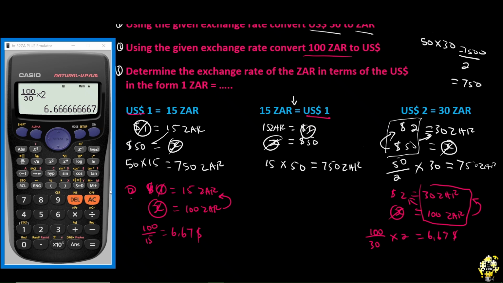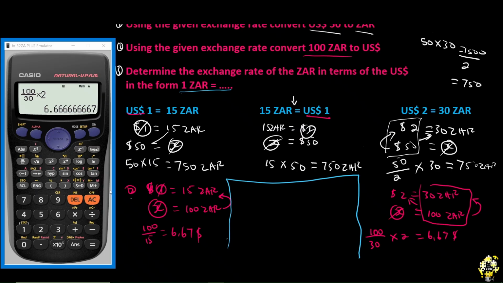And then the last one. It's a bit different. We are going to use blue, as you can tell. Determine the exchange rate of the South African rand in terms of the US dollars in the form 1 is to something.